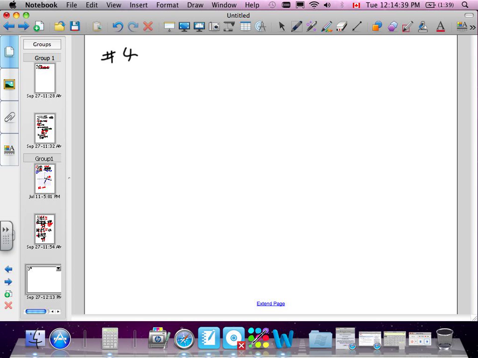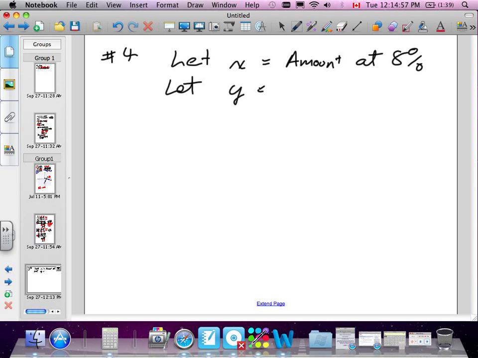So let's put our variables. We need to figure out how much he invested at 8% and how much he invested at 7.5%. So we're going to say let x equal amount at 8%. Let y equal amount at 7.5%.